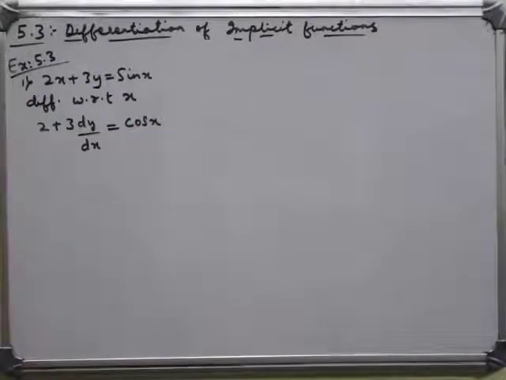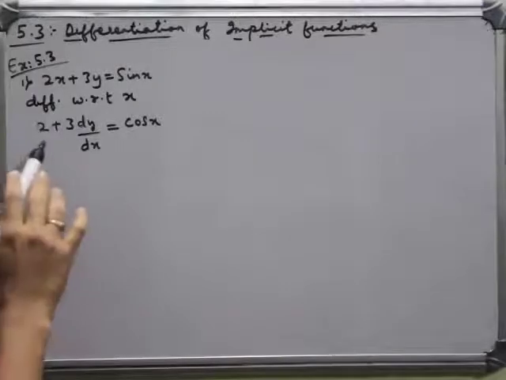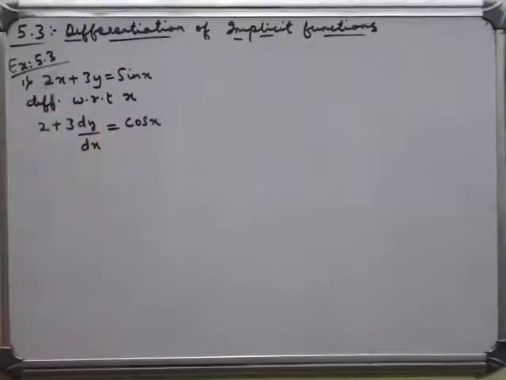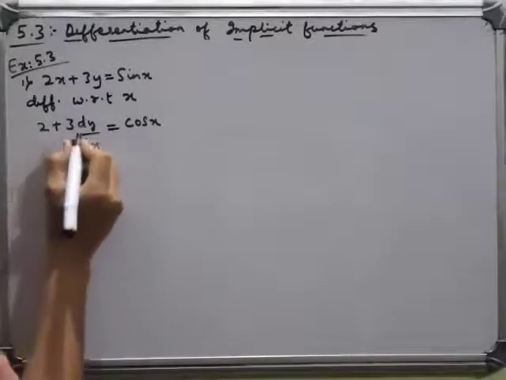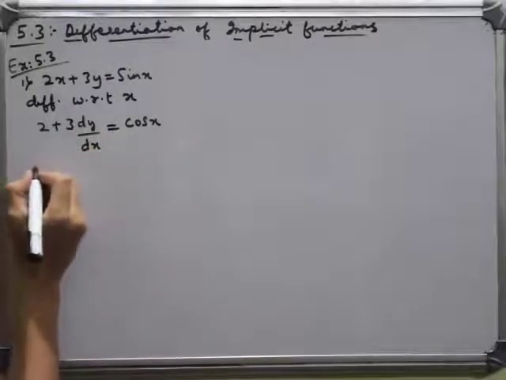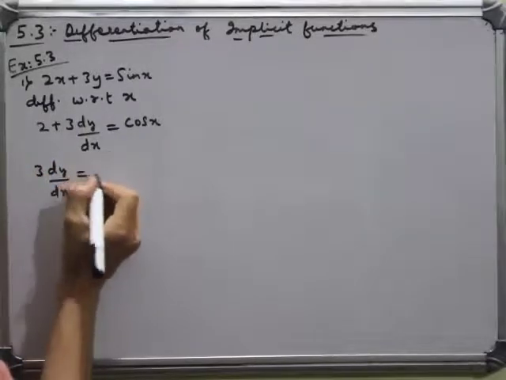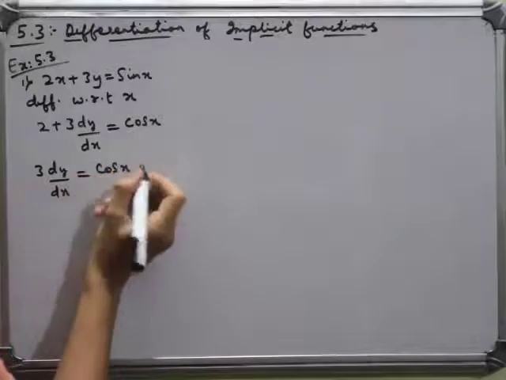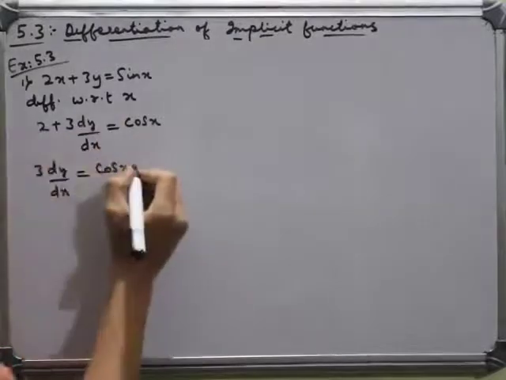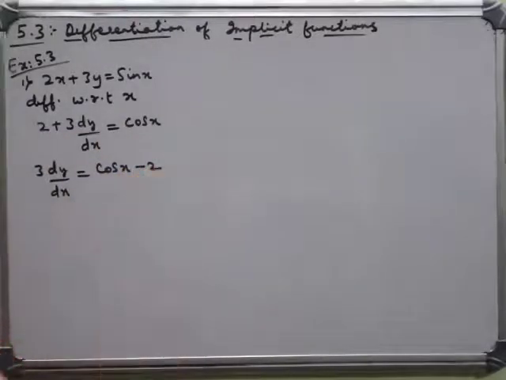Okay. Next, rearrange the terms. You should make dy by dx terms aside and other terms aside so that you can find dy by dx. Now I will write this dy by dx term here, that is 3 dy by dx is equal to cos x. I will send this 2 to RHS, cos x minus 2.